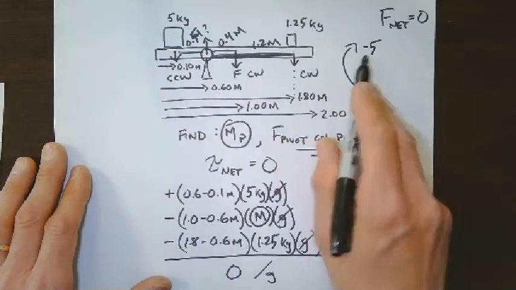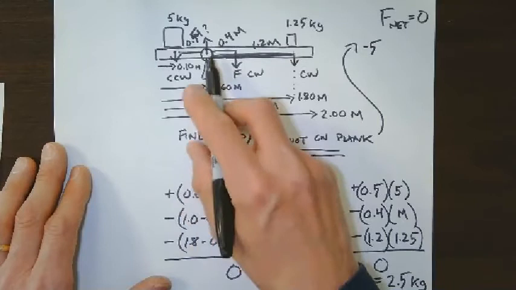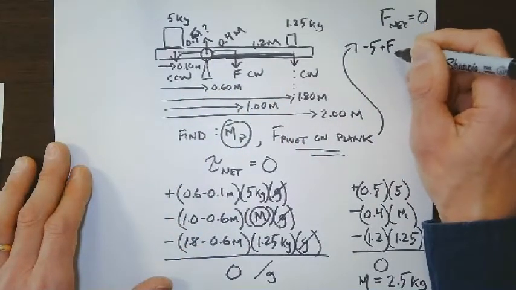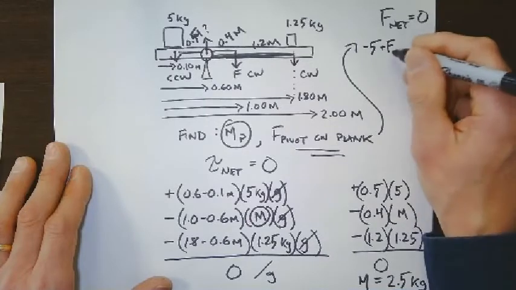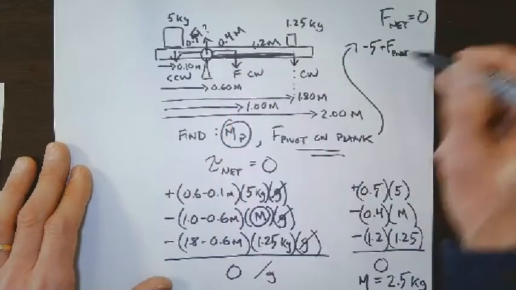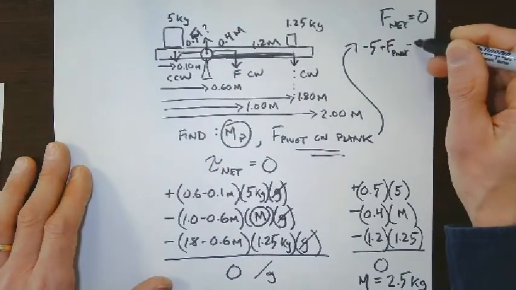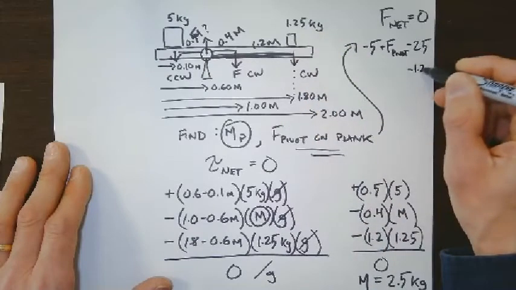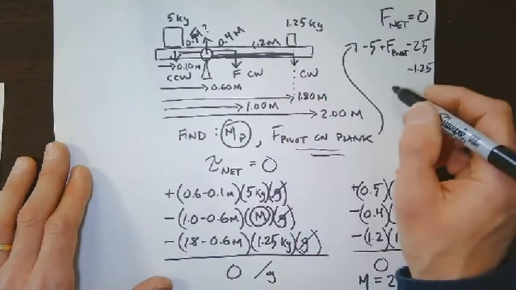So negative 5, because it's going down. The force of the pivot is going to be up. That's plus F pivot, right? And then we're going to have the mass of the plank, which is minus 2.5, and we'll have a negative 1.25 coming from this object.